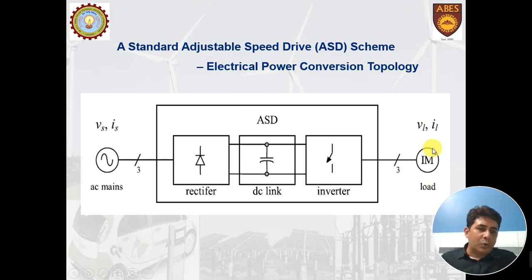To vary the voltage and the frequency, we can play with the firing angle of the devices connected in this inverter. Now, how that control is achieved, how the devices are fired to get the conversion from DC to AC, this we shall be discussing in this lecture.